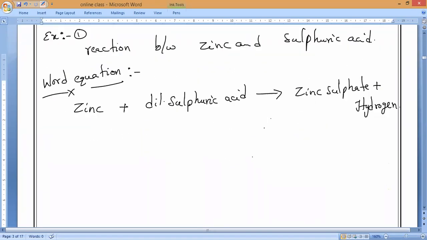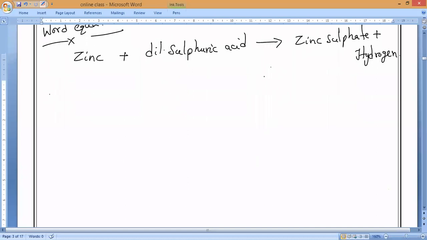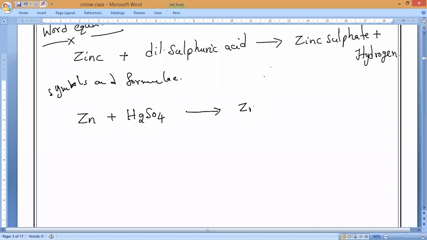So now zinc plus dilute sulfuric acid will give you what? Zinc sulfate plus hydrogen. Yes or no? Now, in terms of symbols and formulae, anybody? Zn plus H2SO4 will give you ZnSO4 plus H2. So if you notice, these two are called reactants.